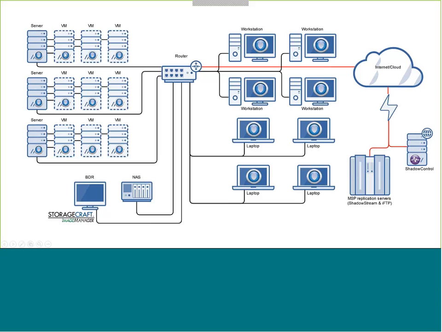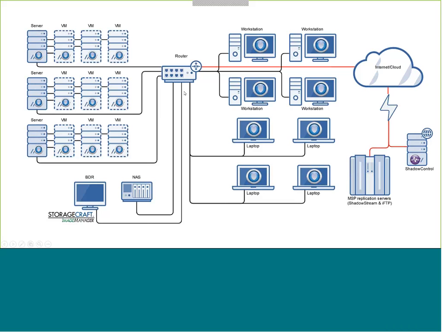Each of those servers maybe runs one or more virtual machines. You've got a couple of workstations, maybe a couple of laptops, and whatever other devices you've got. Everything's connected through some type of central network infrastructure, whether that's a network of distributed switches or routers or just one big one, obviously that doesn't matter. This is just for simplicity's sake.